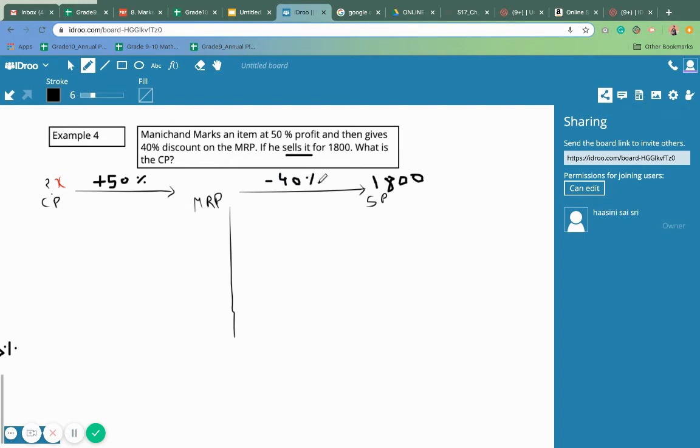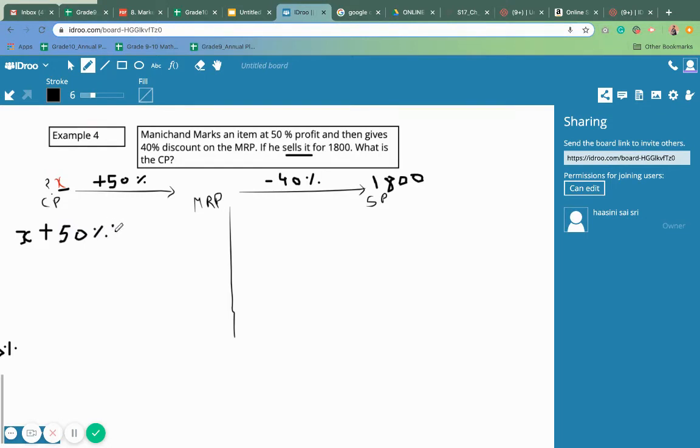Since I don't know what my cost price is, I'm taking it as X. From X I have to find my MRP. I'm not really finding the number of the MRP. So what can this equation be written as? This can be written as X plus 50% of X will be equal to MRP.